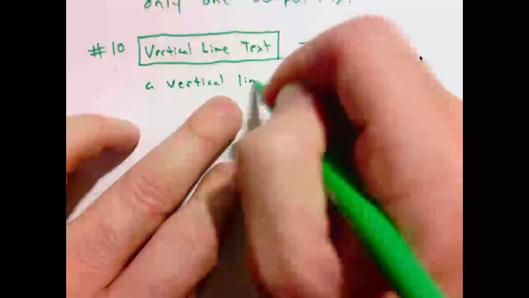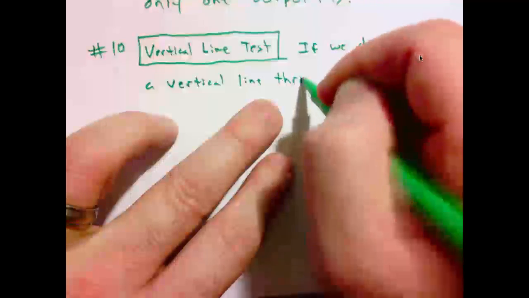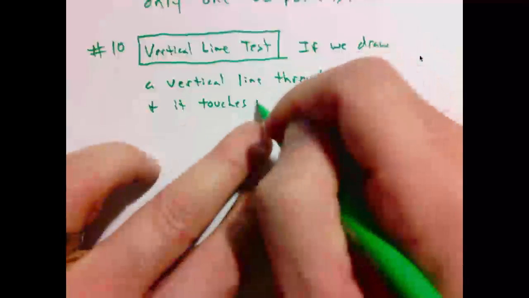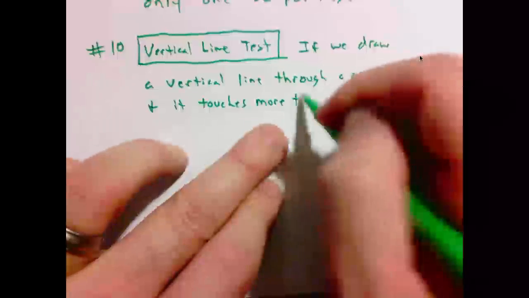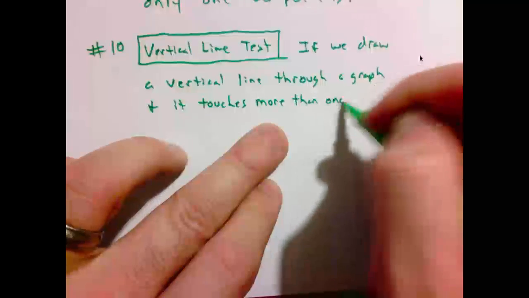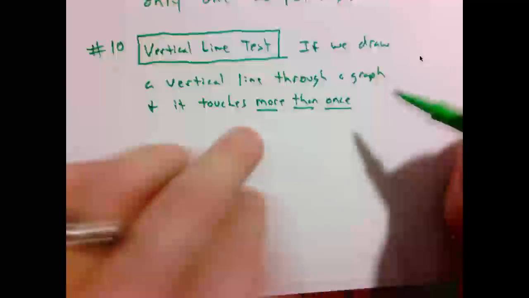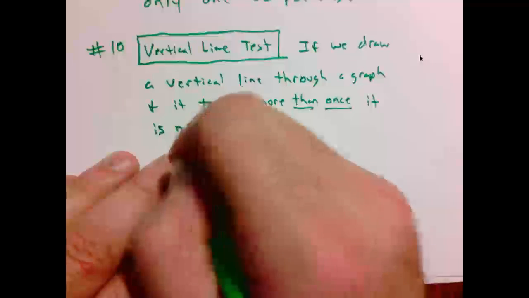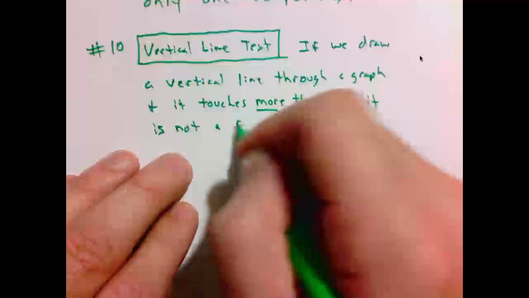If we draw a vertical line through a graph and it touches more than once, it is not a function.